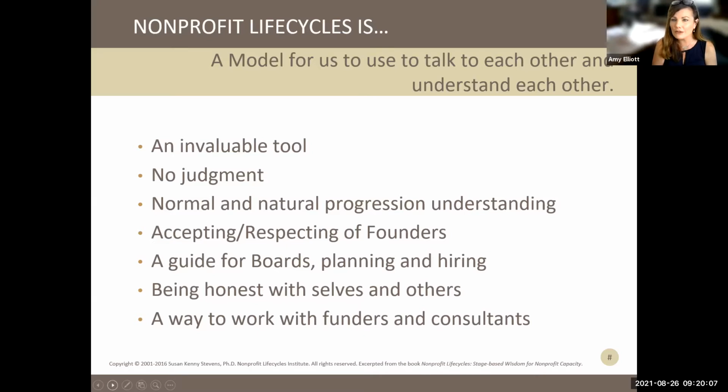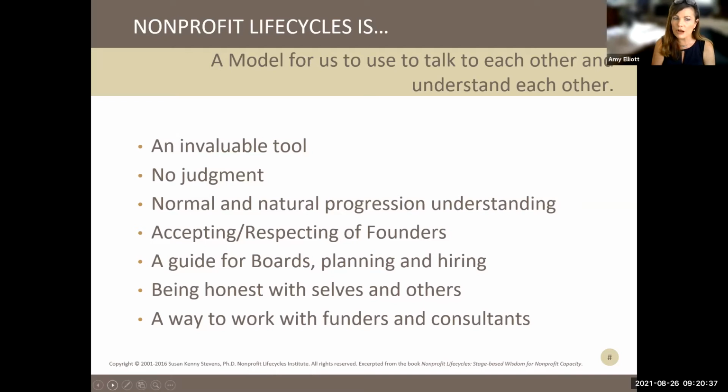Another fundamental of this life cycles philosophy is the accepting and respecting of founders. I have found in my career, and in fact, I think I've been guilty of it before, sometimes founders get an eye roll, because they won't let go, or they're hanging on to the past, or sometimes board members or leadership feel like the founders can be holding the organization back.